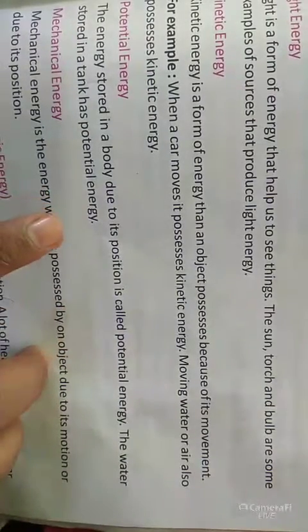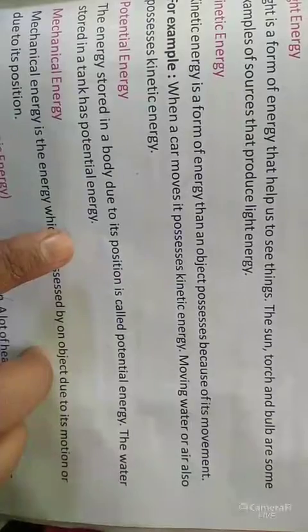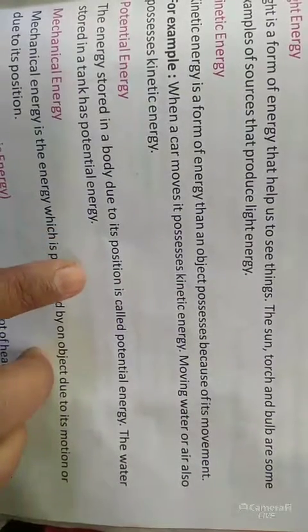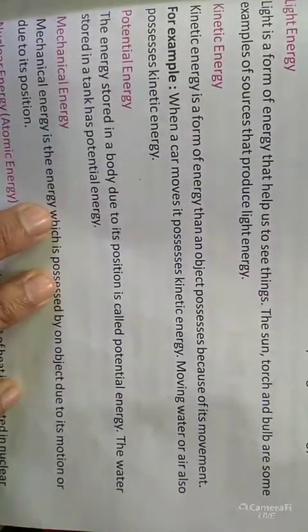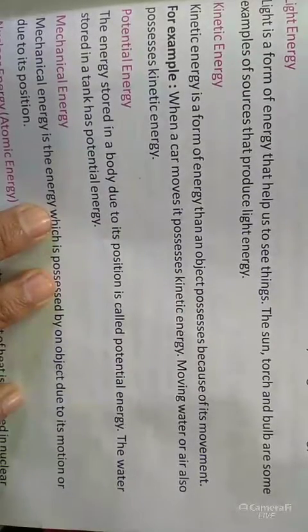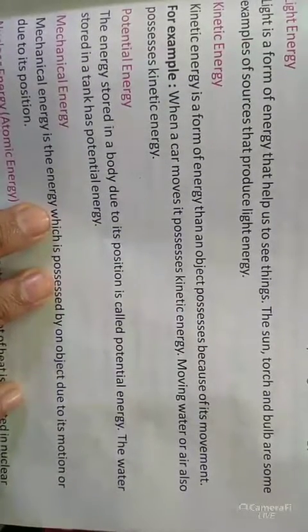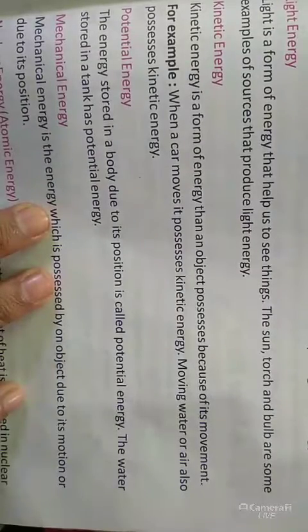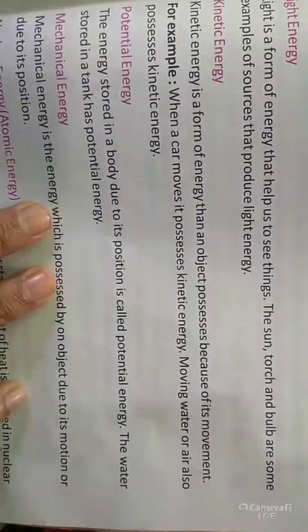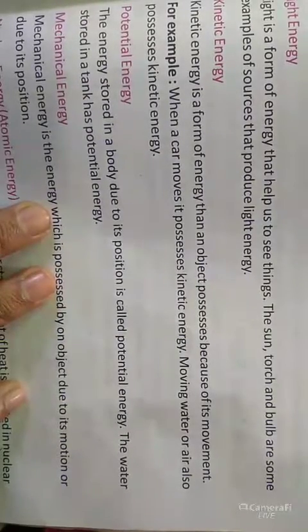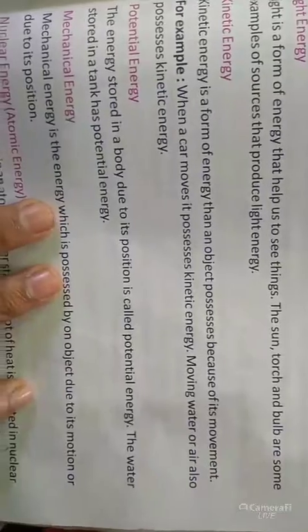For example, water stored in a tank has potential energy. In our homes we store water for daily use. Where do we store it? In a tank. So the tank has potential energy.